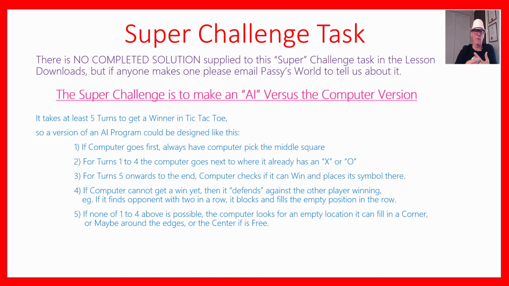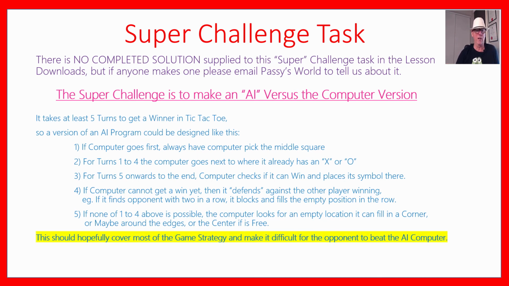If a corner isn't available, try around the edges. So try one of those top middle or bottom middle positions, and always grab the center if someone's been silly enough to leave that free. Okay, so that's basically the winning strategy for tic-tac-toe, and that's the one the computer should follow, and that should make it challenging and difficult to beat our AI computer.